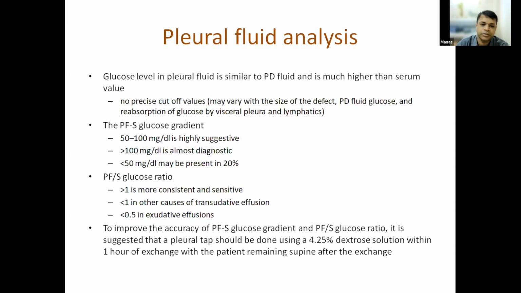But almost 20% of patients will also have less than 50, probably because of reabsorption of glucose from the pleural space. Some authors suggest the ratio is more sensitive than the gradient. Many older publications depend on a ratio greater than 1 to diagnose. Many authors have also tried to improve this diagnostic method by using 4.25% dextrose solution, but currently this method is very doubtful and probably not used.